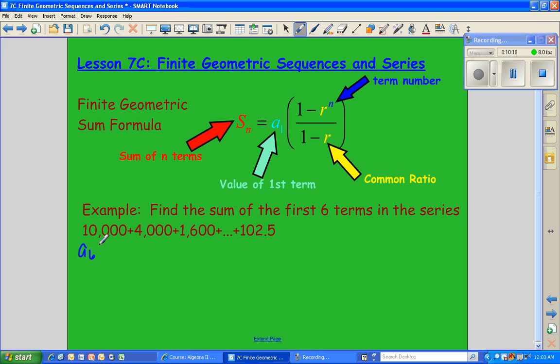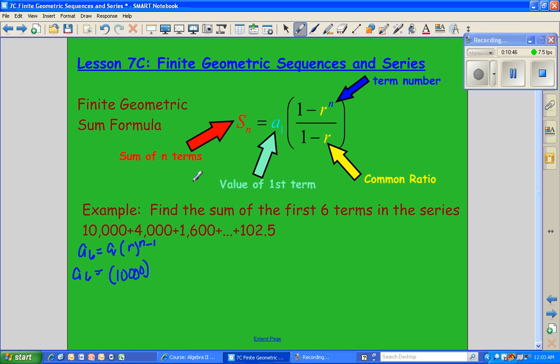So I know a sub 6 is equal to a sub 1 times r to the n minus 1 power. So a sub 6 is going to be 10,000. Your ratio is 4,000 over 10,000, or 1,600 over 4,000.